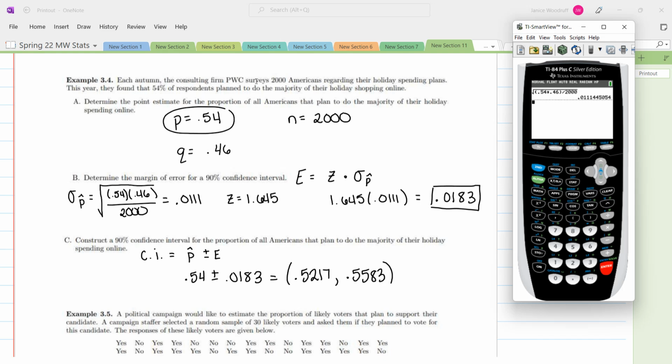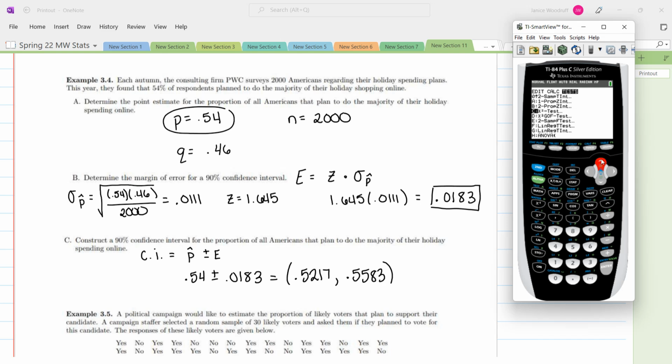Now, if I'm doing this in my calculator, I would need the x, which is not given. The x would be the 54% of 2,000, so we would have to do 2,000 times 0.54. So 1080. And then it was A, go up this way.